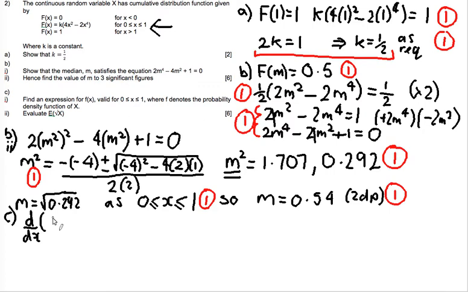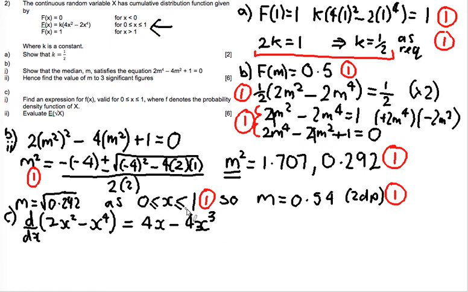I'm going to differentiate. Let's just simplify this function straight away. So I'm going to do the half times this. I'm going to differentiate 2x squared minus x to the power of 4. Okay, so this is going to give me 4x minus 4x cubed. Okay, so take the power down. 2 times 2 is 4 times x, decrease the power by 1, so x to the power 1. 4 times 1 is 4, decrease the power gives us the 3.